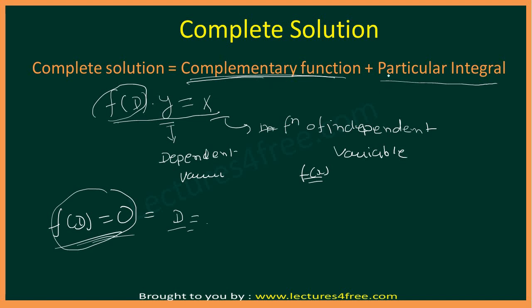The particular integral we get from this capital X. For different values of capital X there are different methods of calculating the particular integral. We will see the different cases in this lecture.